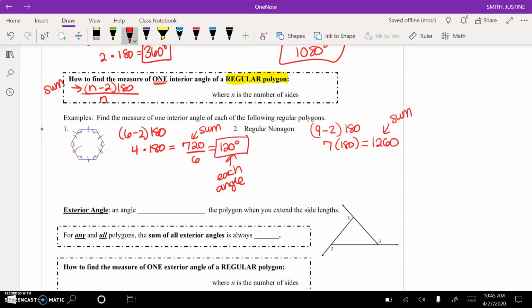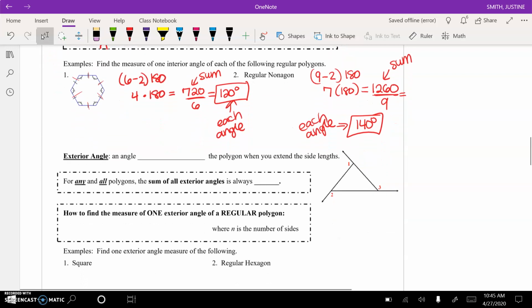I want to find one angle, so I'm going to divide it by the number of sides. So I'm dividing it by 9, and that's going to give me 140 degrees. And again, this is each individual angle. Okay? All right, so that's for interior angles.